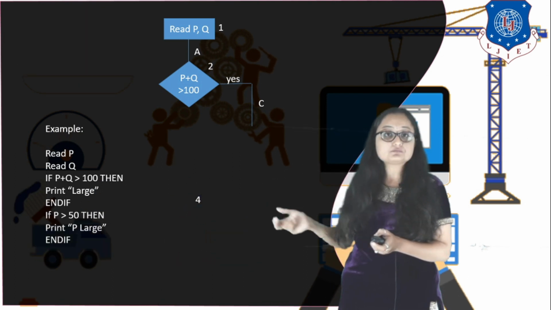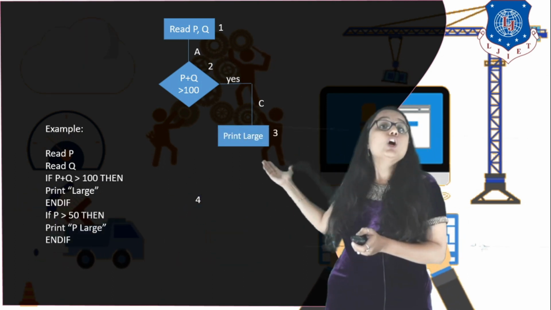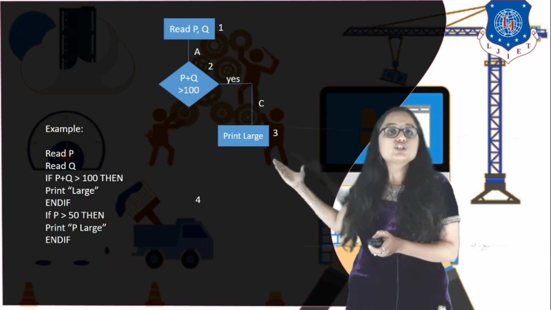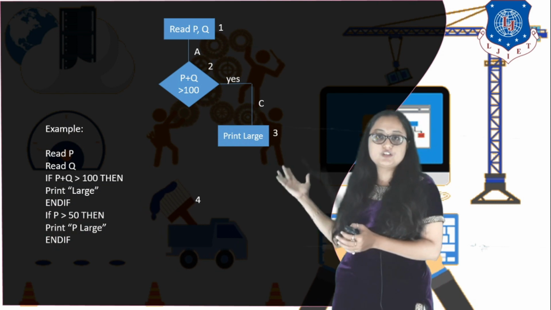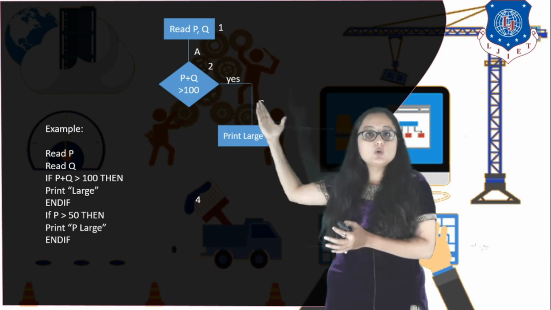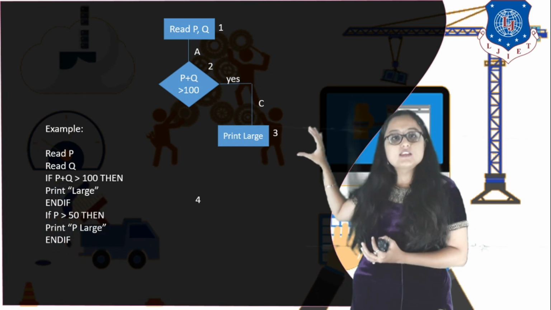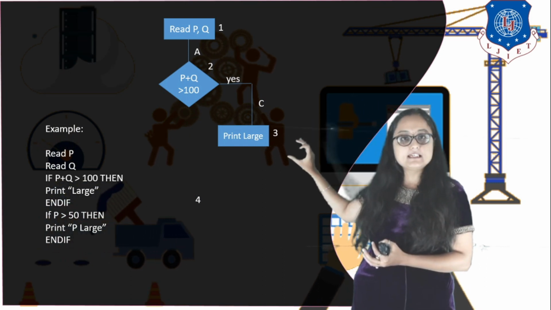C, right? For the true condition, the statement that will be executed is print large. This is the statement that will be executed if my condition P plus Q is greater than 100 is true. For this statement, the numeric number is 3.